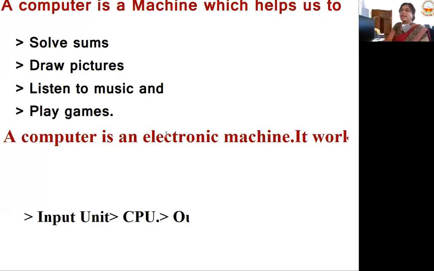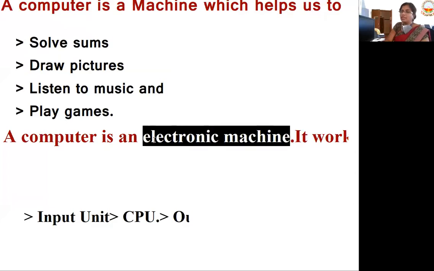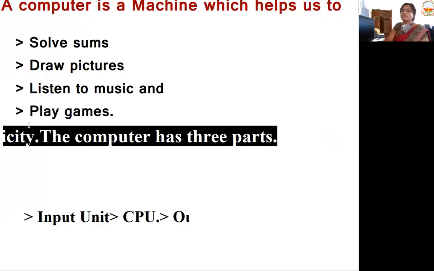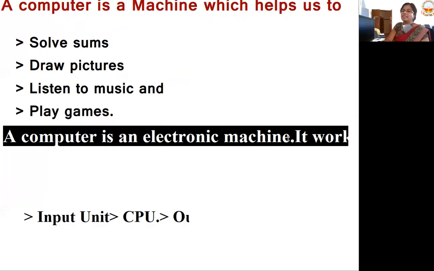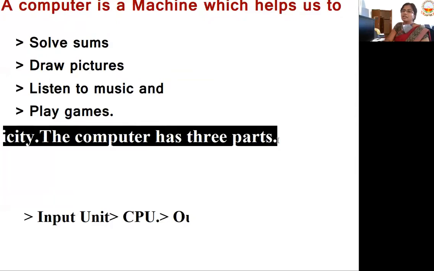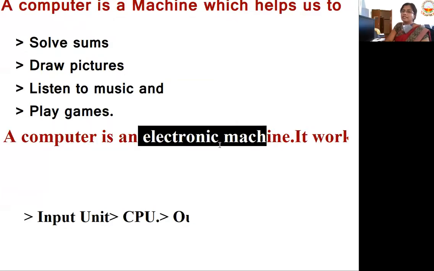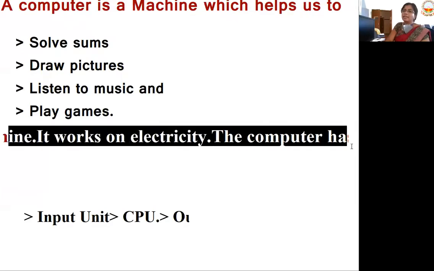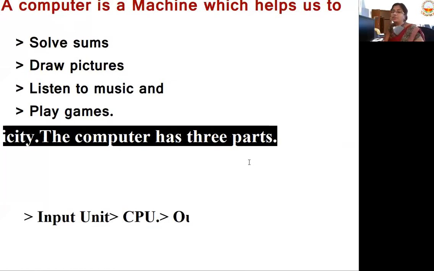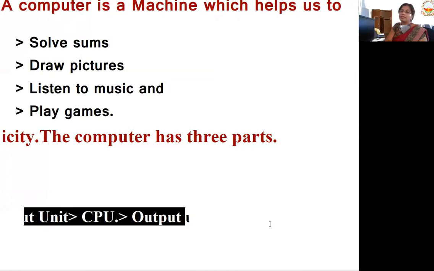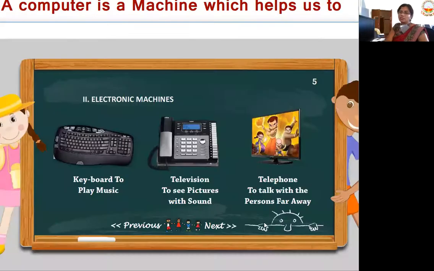Computer is an electronic machine. It works on electricity. And then it has three main parts. What are those main parts?